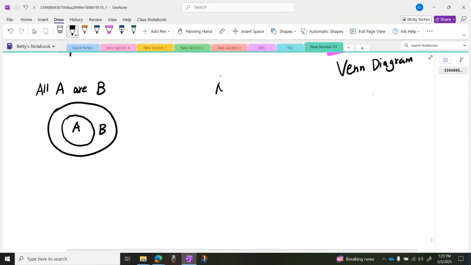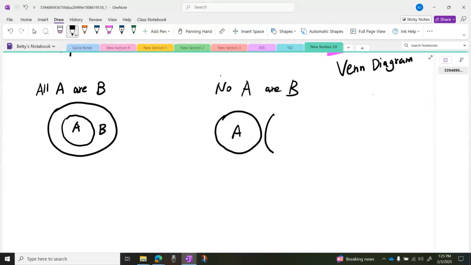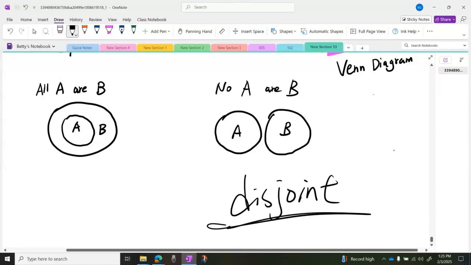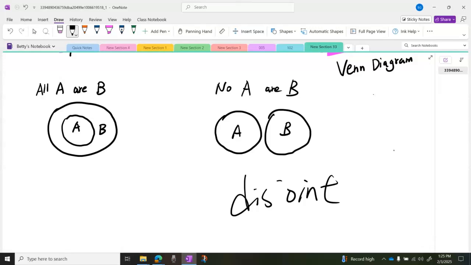Second one, no A are B. The corresponding Euler diagram is, this is A, this is B. As you can see, the 2 sets are what? The concepts we learned in chapter 2 in set theory are still useful in this chapter, because the quantified statement involves sets.